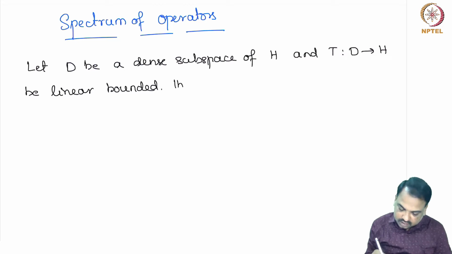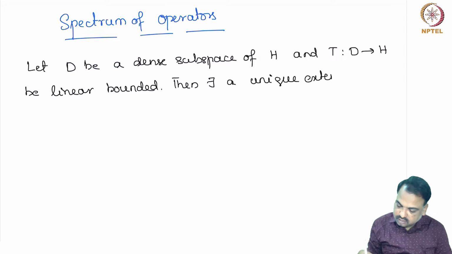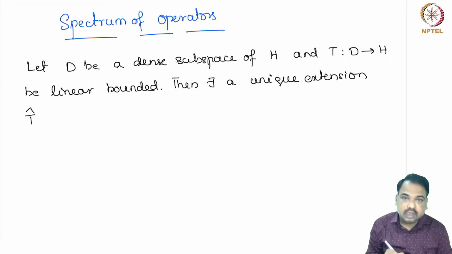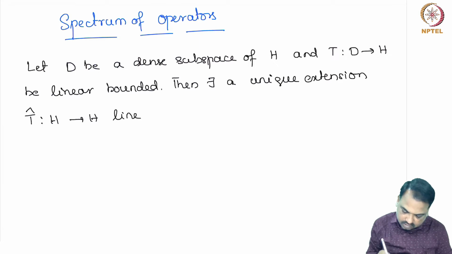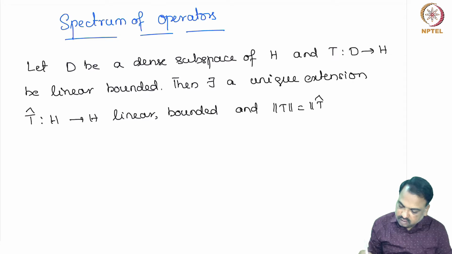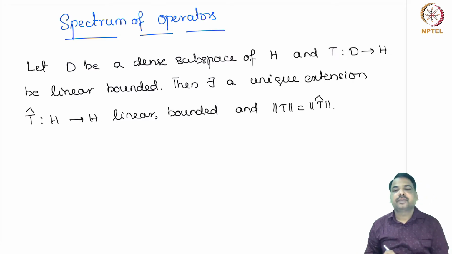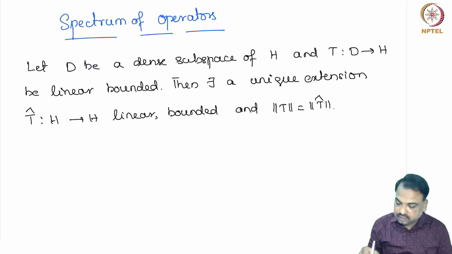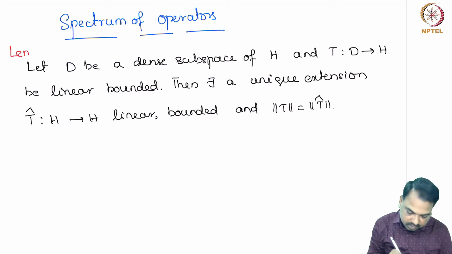Then there exists a unique extension, let us call it T hat, from H to H, which is linear, bounded, and the norms are the same. Norm of T and norm of T hat are the same. Okay, so let us call this a lemma.